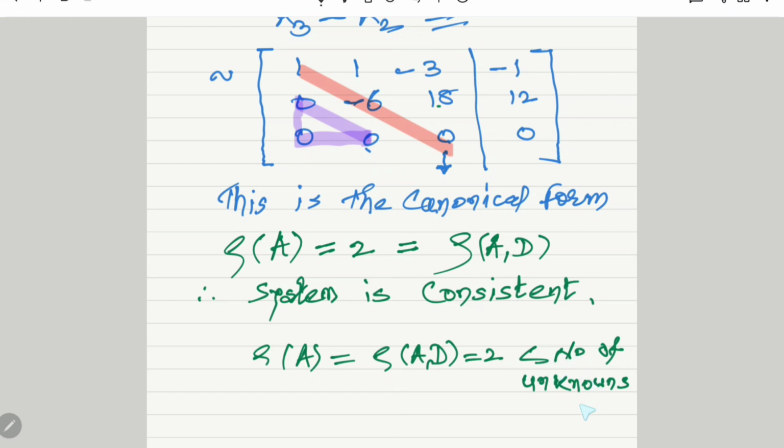It is less than number of unknowns. System has infinite number of solutions.